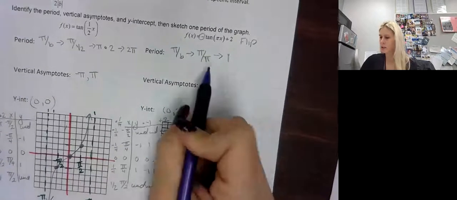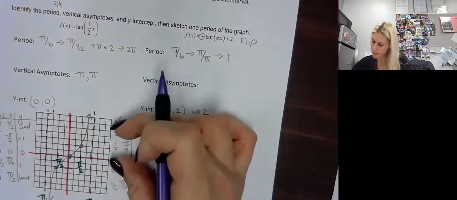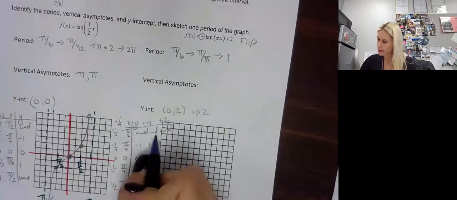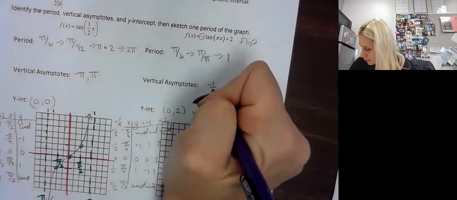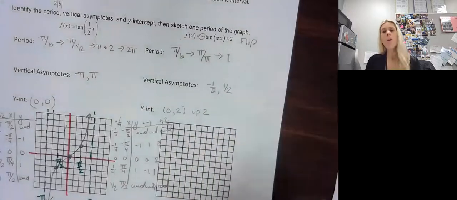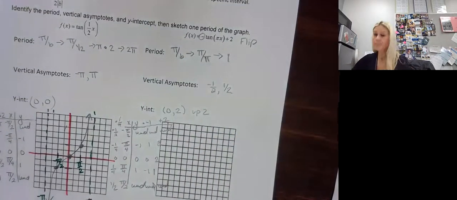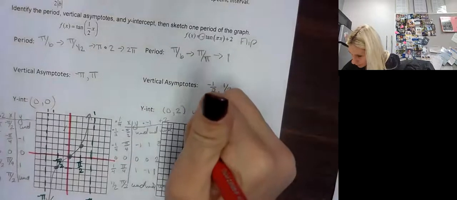Does that make sense according to our period? Yeah, because this is 1 and this is a half and this is a half, which makes a whole. So that means our asymptotes right now are at negative 1/2 and a half. Again, we'll make equations for those when we get into 1060. If you ever get there, that is. Or if you want to, I should say.